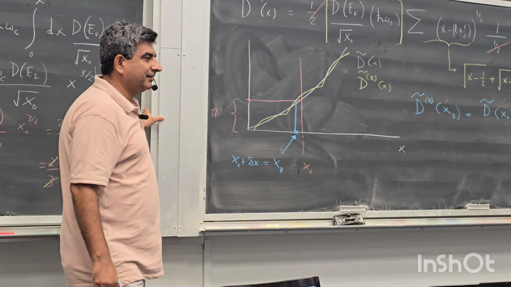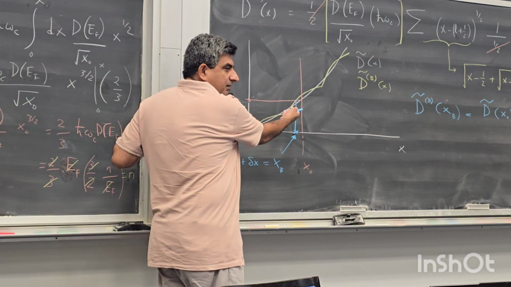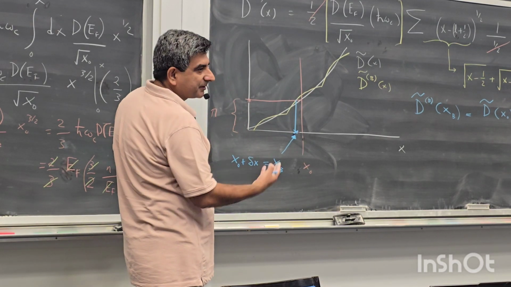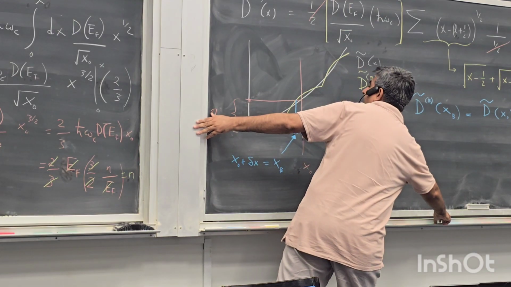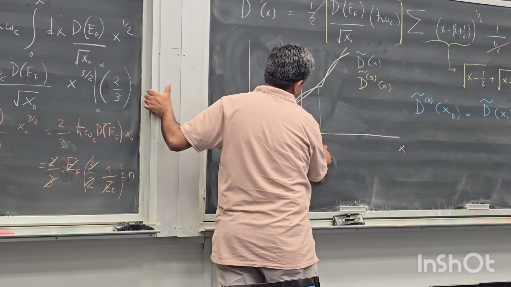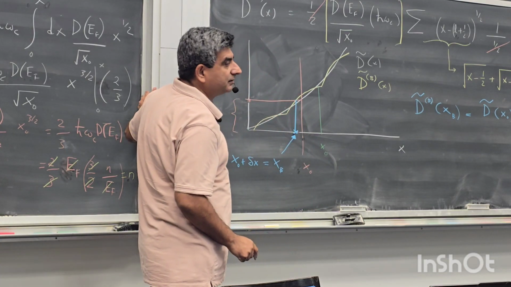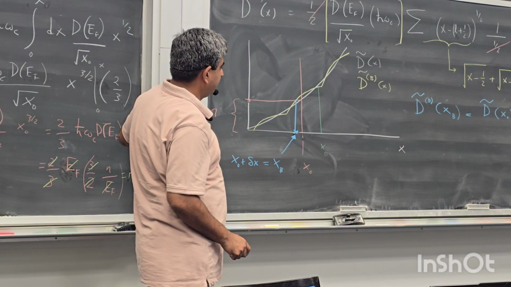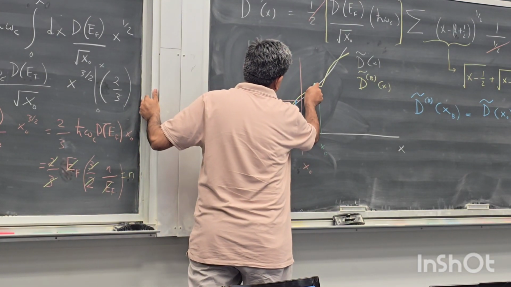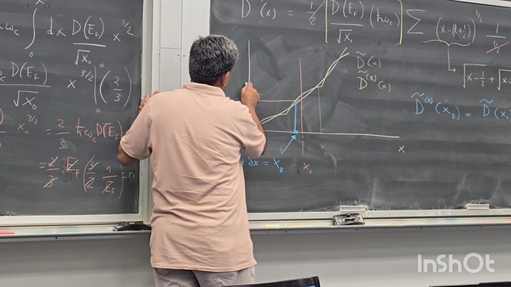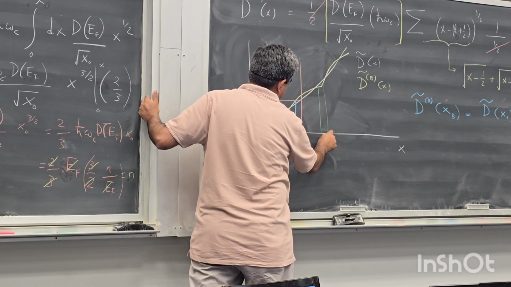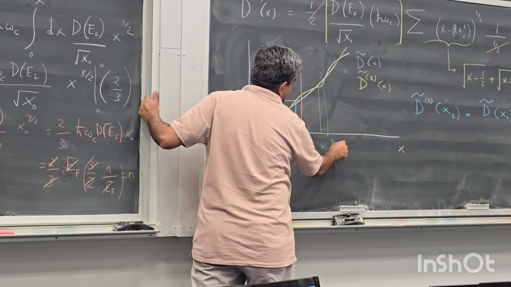Yes? It's apparent from the graph. What would that mean? Sometimes the Fermi energy goes down, sometimes it goes up. If I choose another point, suppose this were my Fermi energy, x naught, and this is my number density of electrons here, this would be my new Fermi energy in the presence of a magnetic field.